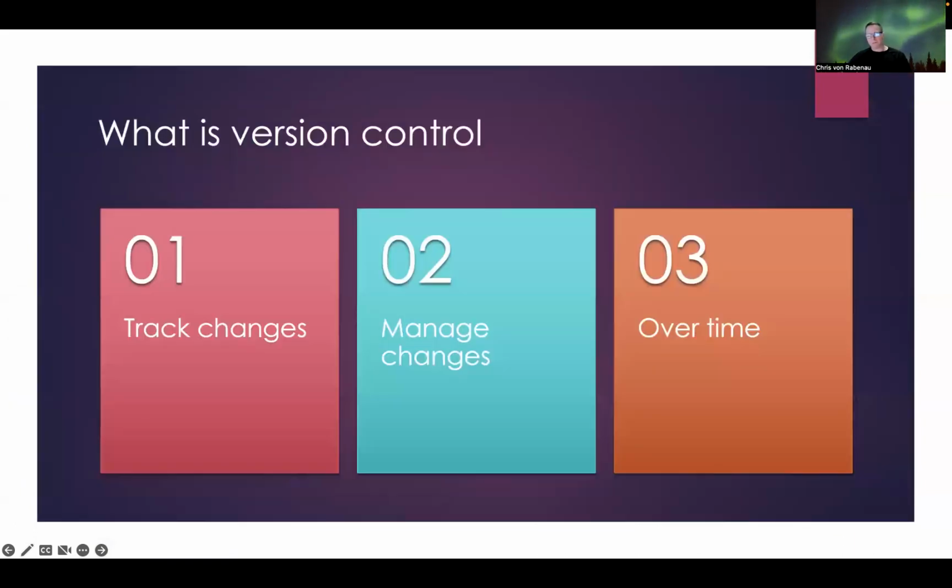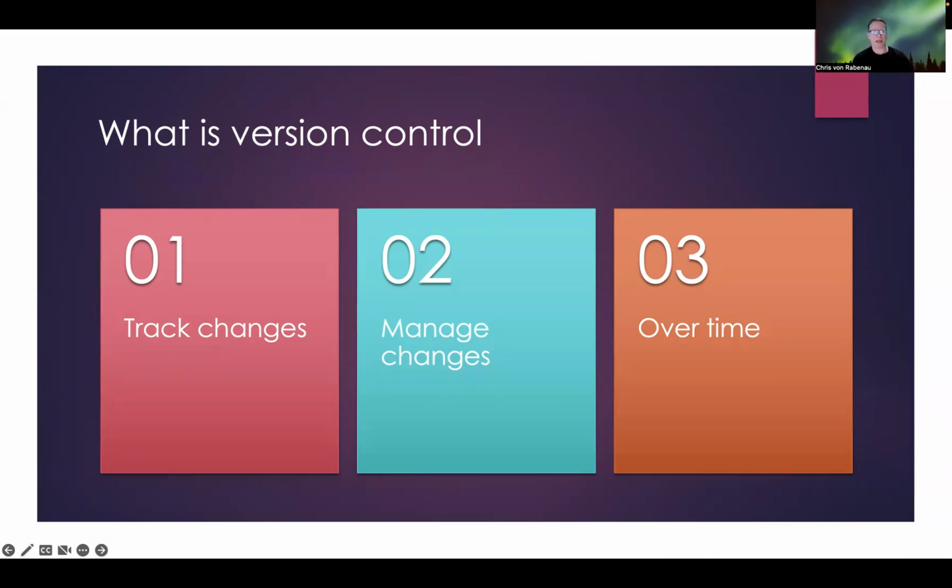So first, we have to understand what version control is before we can actually talk about why and the different types of version control. The concept behind version control is to be able to see what changed. If we take just a microcosm example of a file, what changed in this file since the last time it was saved? That's one of the things that version control tracks. The other thing it does is allow you to manage those changes.